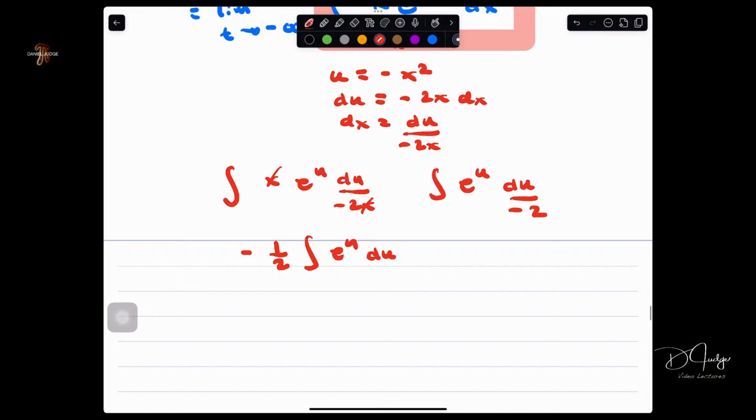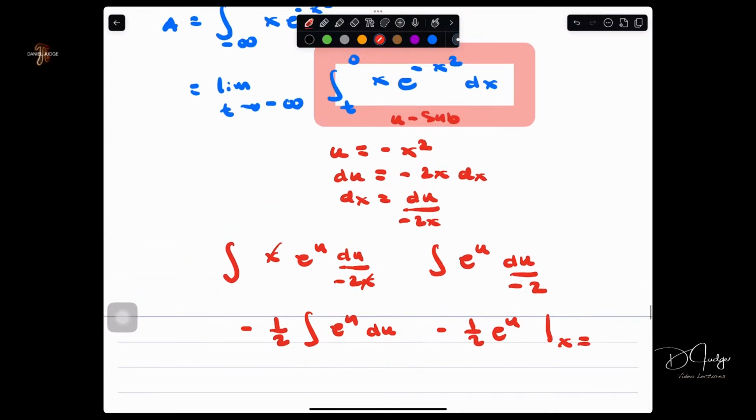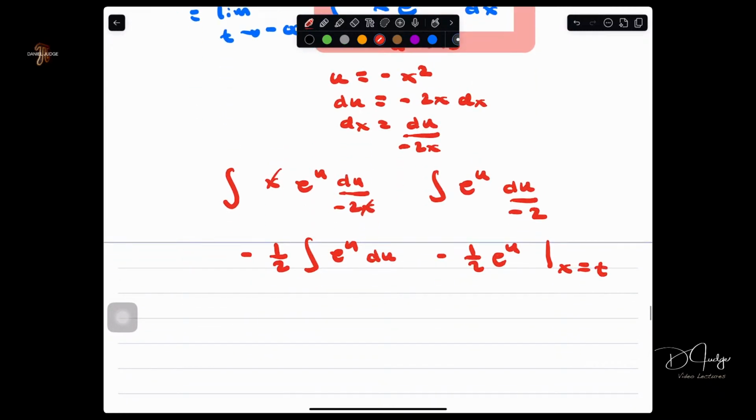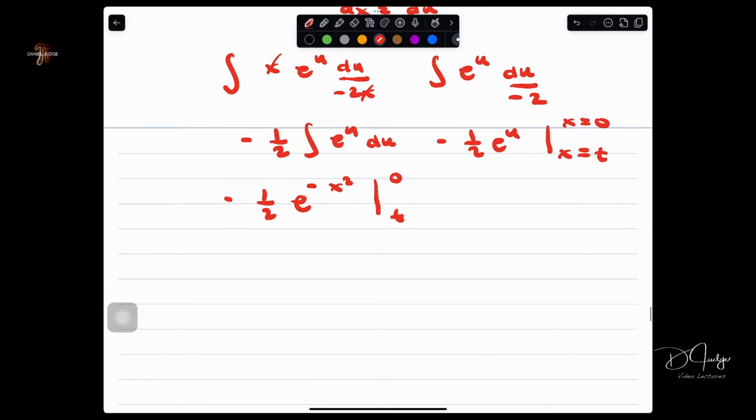So we see this integration by u sub a lot. Now, remember, this is x equals t as a lower limit, and this is x equals 0, so we got to plug back in u, because u is minus x squared. Minus 1/2 e to the minus x squared evaluated from x is t to x is 0.